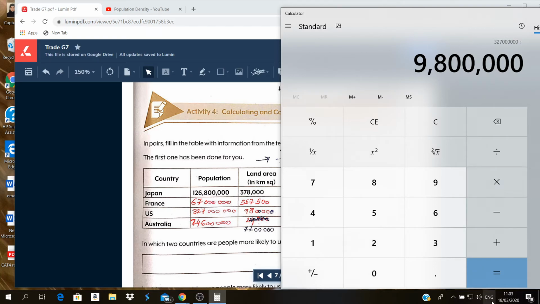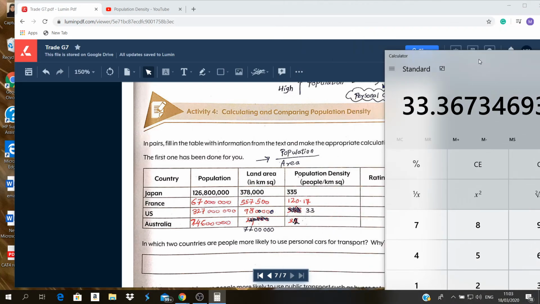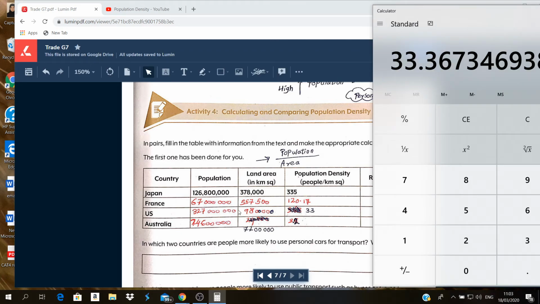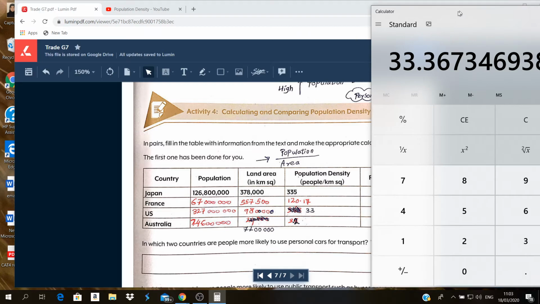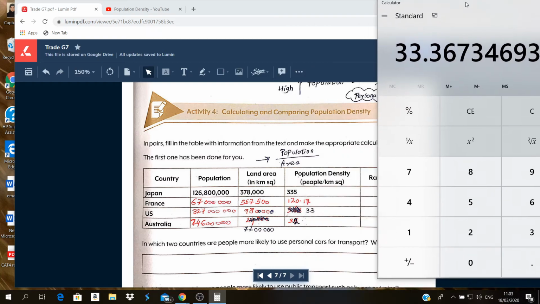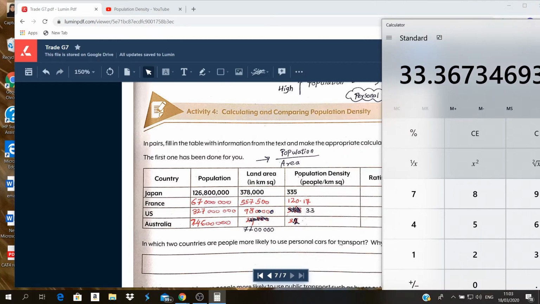Yeah, here it is. Let's see the answer. The answer is 33. And if you calculate the one for Australia, you're going to see that the population density in Australia is only 3.2. This is too little.